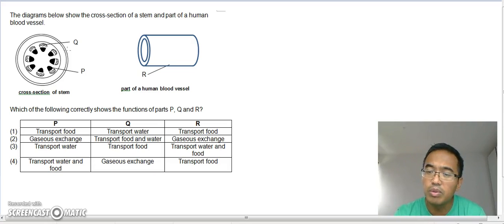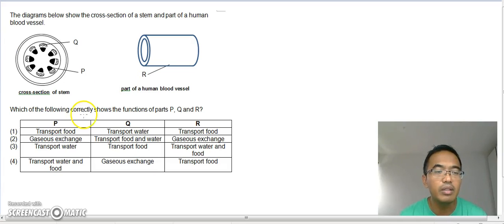There are many ways for them to remember which one is water and which one is food. Some of my students remember it as water is inner. In the inner circle, water is inner and food is further away from the center.